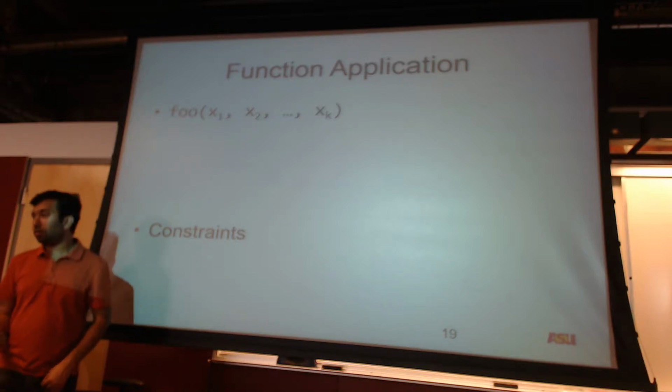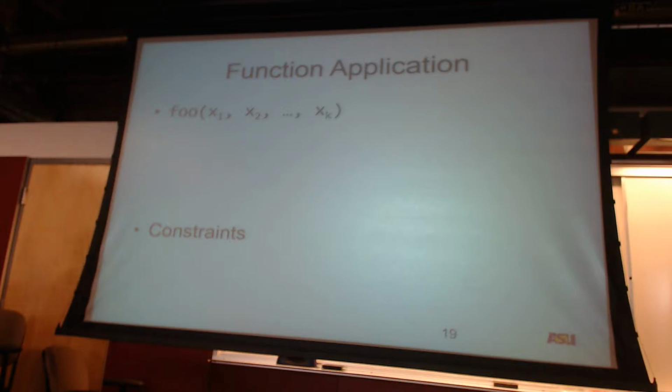The way we represent application is this: if we have foo x1, x2, x3, then we make a root node called apply, which is basically the return type, and make the type of that apply root node R. Then the leftmost child is foo, the function name, and we also associate a type with that function name, which is f.